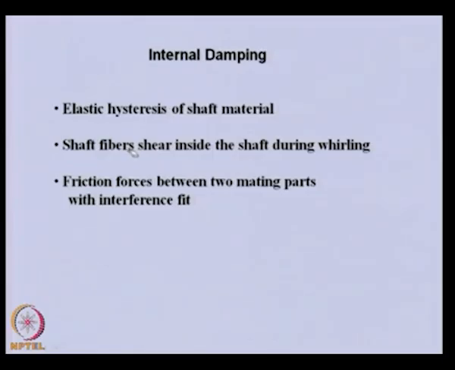Even in the shaft, during the flexural vibration, the inside fiber shear takes place during whirling because of tension and compression of the fiber. And apart from this, frictional forces between two mating parts with interference fit can have this kind of internal damping.